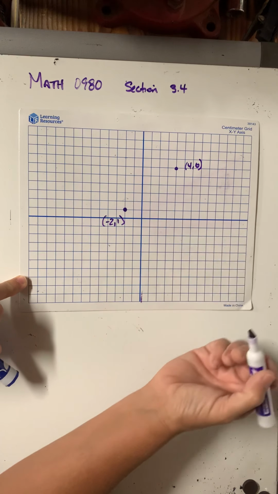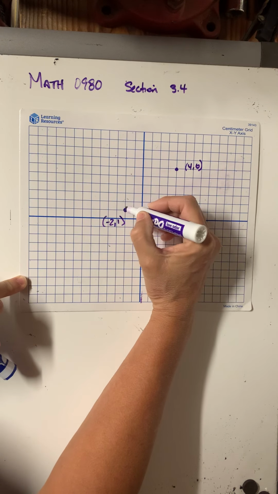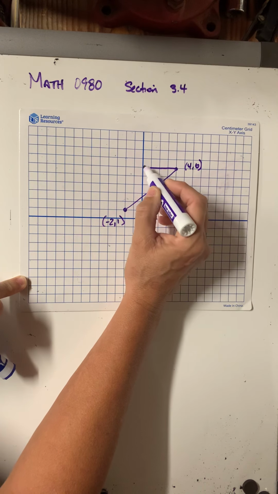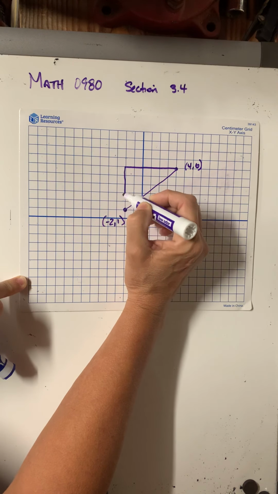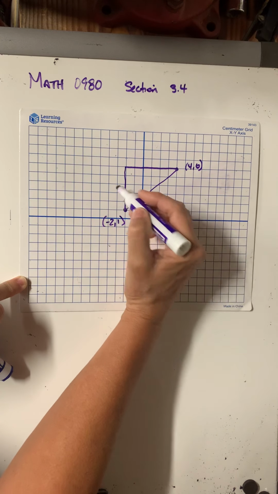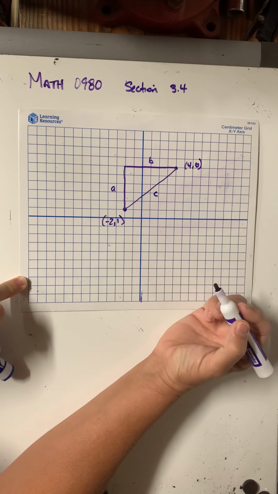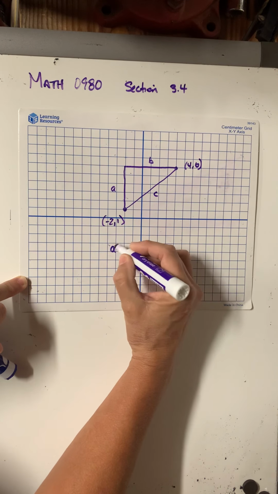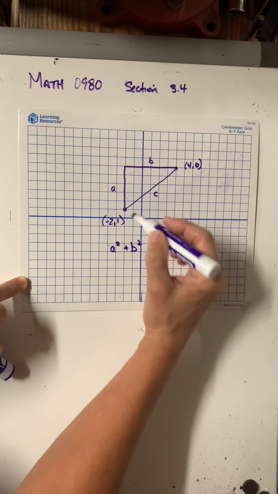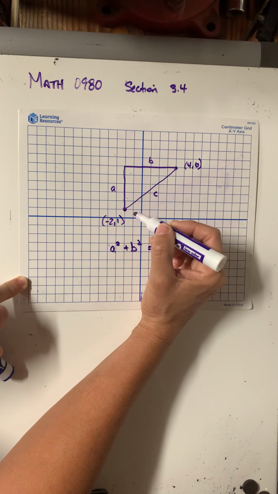So if I had these points on a picture like I do, then finding the distance from here to here, if I use Pythagorean's theorem and treated this as a triangle, would be a squared plus b squared would give me c squared, right? So remember Pythagorean's theorem, a squared plus b squared equals c squared. C has to be my longest side, which would actually be the distance between those 2 points.